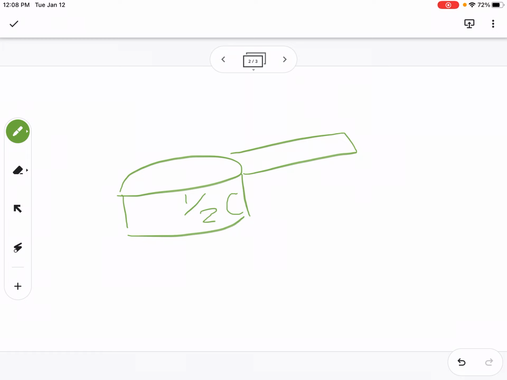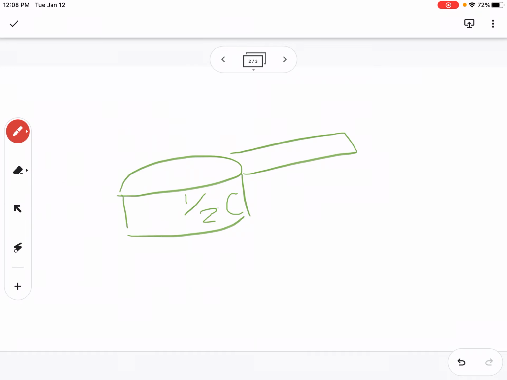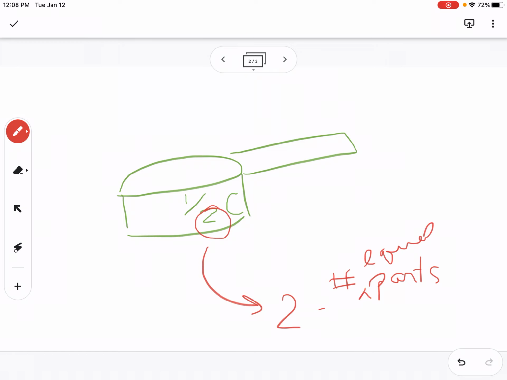So remember again that this fraction has got two parts. It's got a bottom number, and that's the number 2. What does that tell me? Well, that's the number of equal parts that it takes to make one whole.